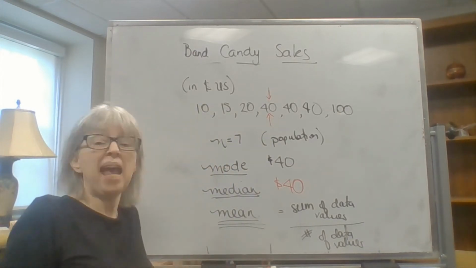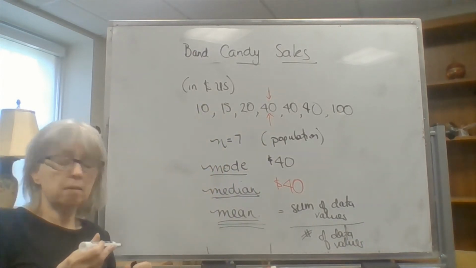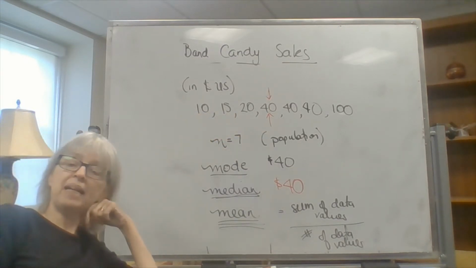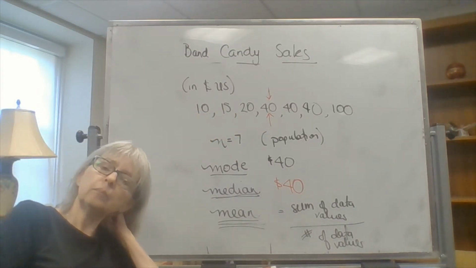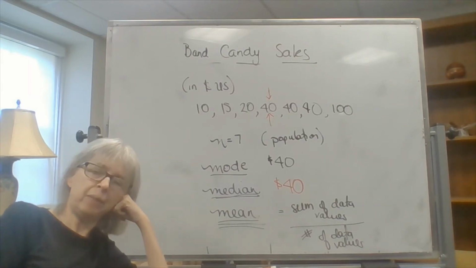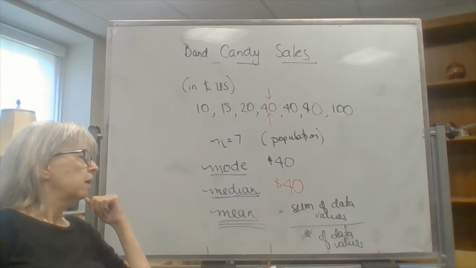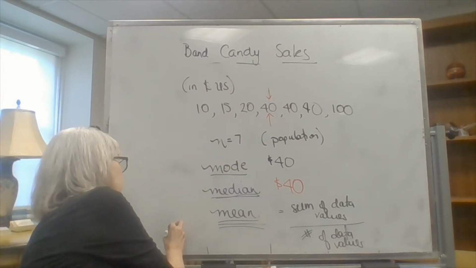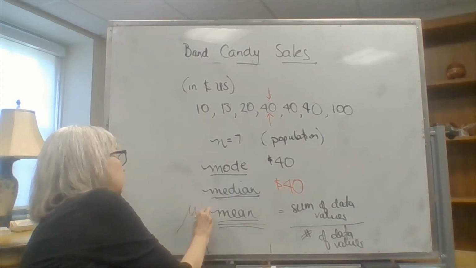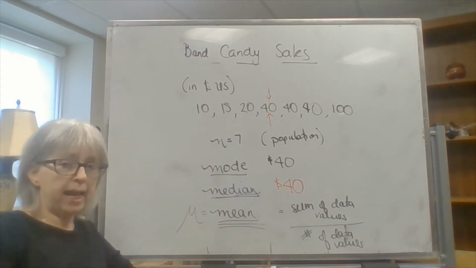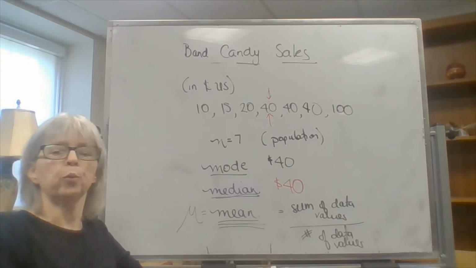The mean may or may not be a number that's actually in my data set. When I have a population, the mean is often denoted by the lowercase Greek letter mu, mu.